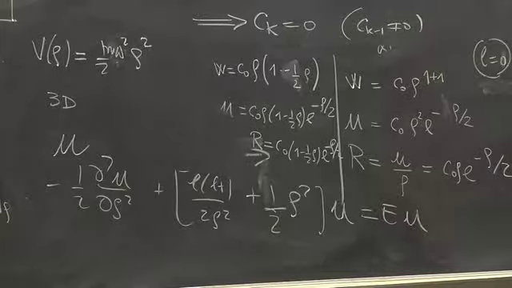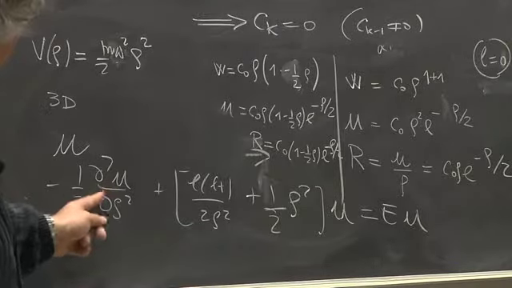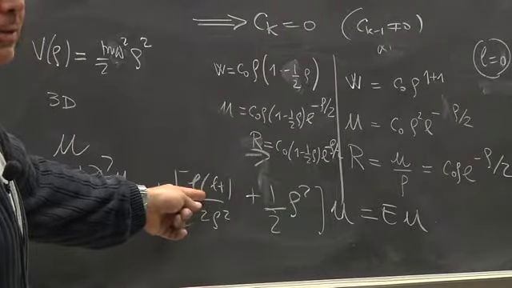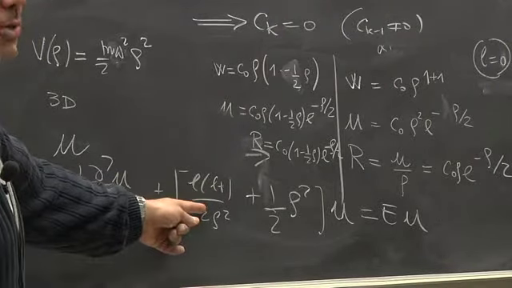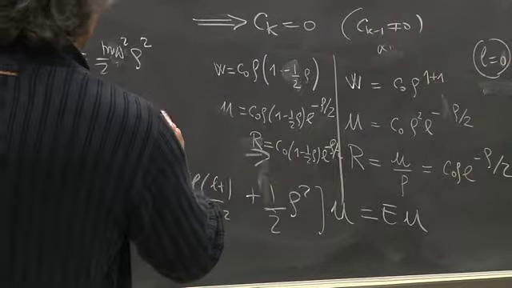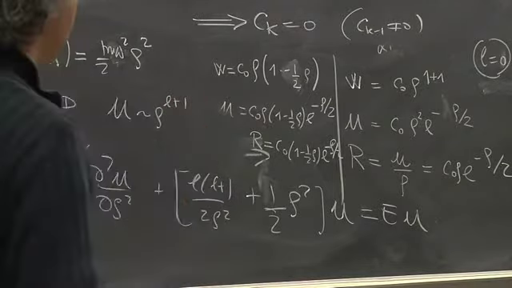Now, for small rho, you again have an argument similar to the one we have done. It should start with some power that cancels this, because this is the bad guy, okay? So similar arguments will tell you that u starts like rho to the L plus 1.